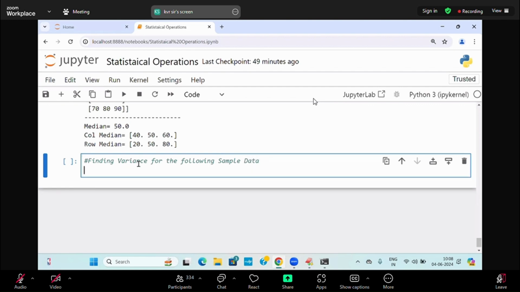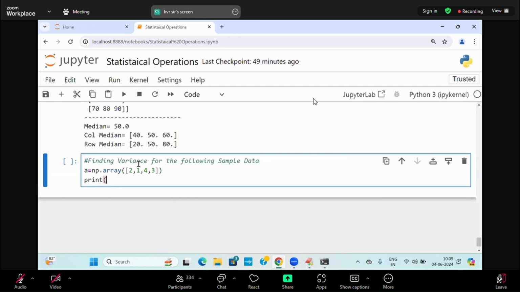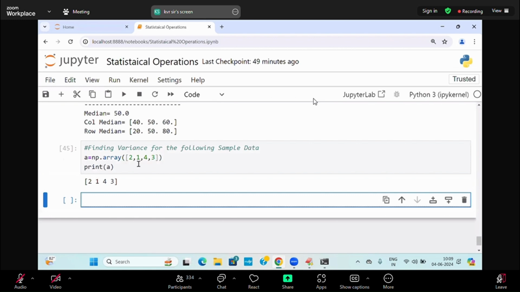So I'm taking A is equal to np.array of 2, 1, 4 and then 3. I will take small data. Print A. This is my given data.